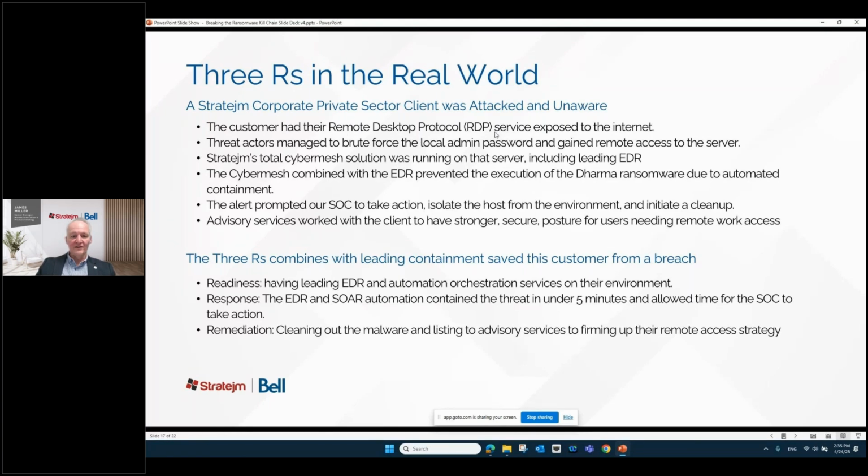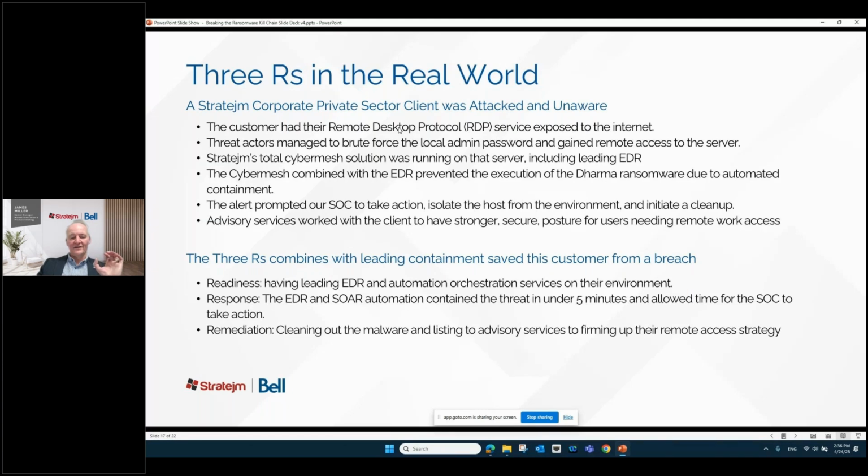So the payload was never successfully launched because the EDR prevented it. And by quarantining it, in this case, Dharma never executed on the network. So the EDR quarantined, but CyberMesh also contained it.